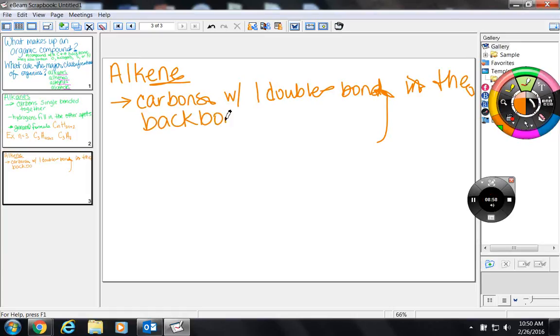And you represent a double bond like this, where it looks like you have an equal sign between them. That's because they're sharing electrons. That means there's 2 electrons. All right? With a double bond in the backbone.